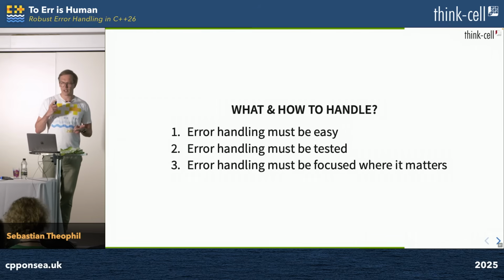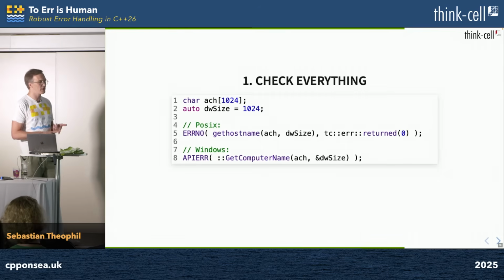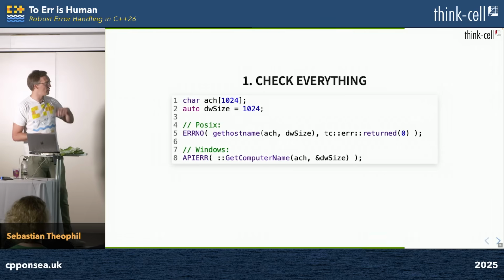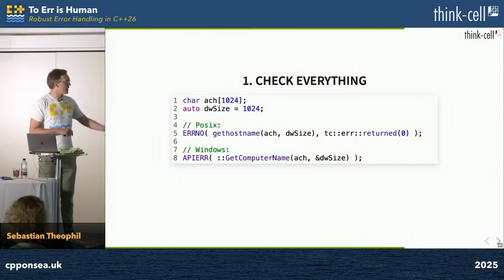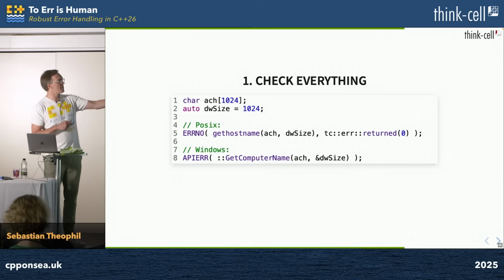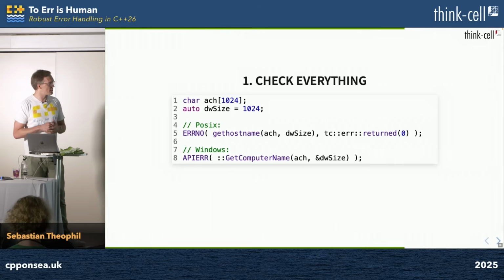So what we do is, first of all, we check everything. Every single API call we do will be checked. So here, two very simple ones, getting the computer name or equivalent, getting the host name. GetHostName would set the error variable and return something that is not 0 in our case. The API error function similarly returns not 0 or 0, I don't remember.